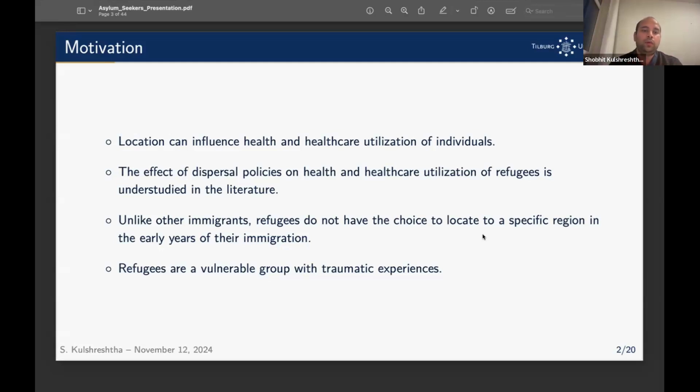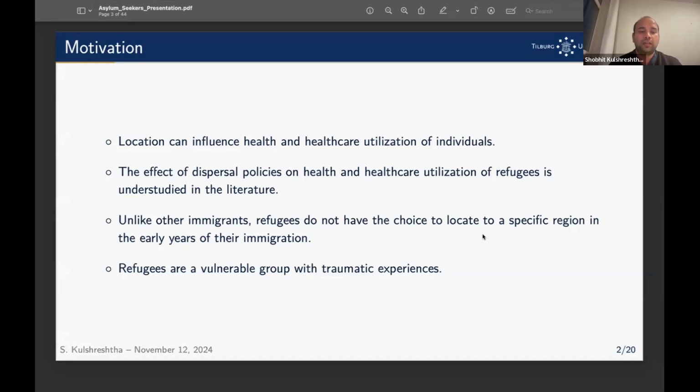One thing to note here is that, unlike other immigrants or the native population, refugees do not have the autonomy to choose where to reside. So it's mostly government policies, also called dispersal policies, based on which they are allocated to different regions.